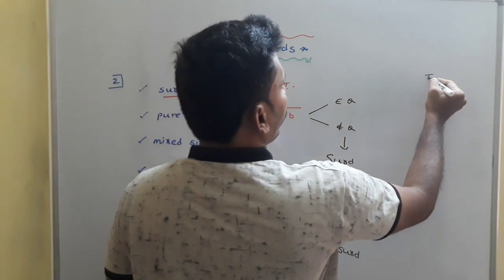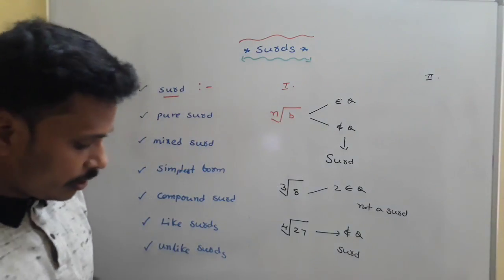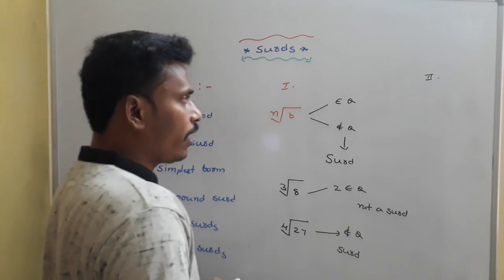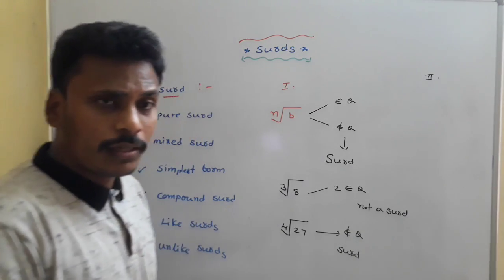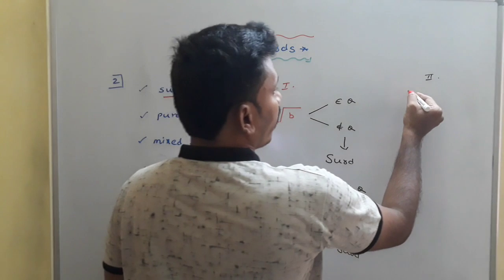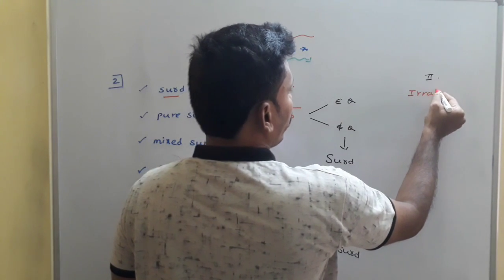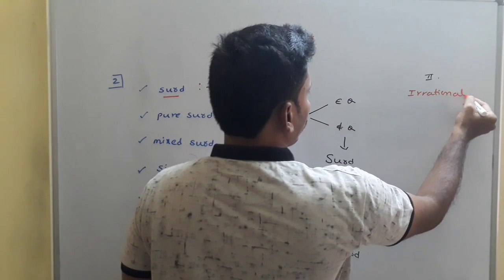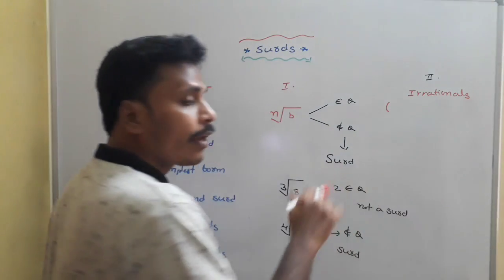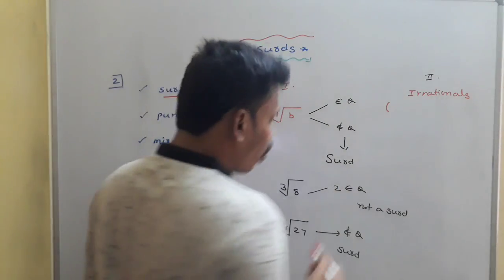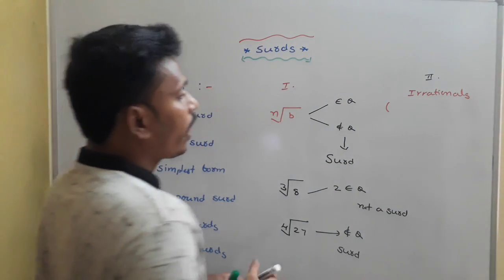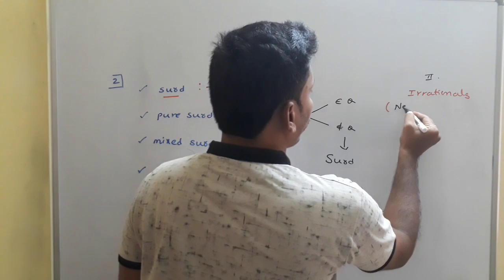And the other way of understanding a surd is, usually we know irrational numbers. Irrational numbers means not rationals, and those irrational numbers are neither terminating nor repeating decimals.